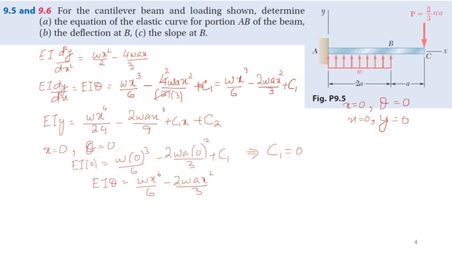Now the second condition is when x is equal to 0, y is also equal to 0. So EI times 0 equals W 0 to the power 4 by 24 minus 2WA 0 cube by 9, C1 is also 0, plus C2. So this leads us to C2 equal to 0.